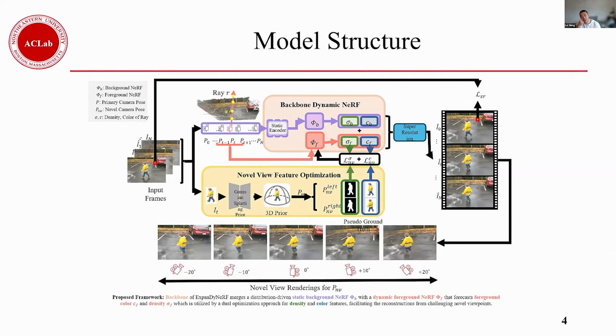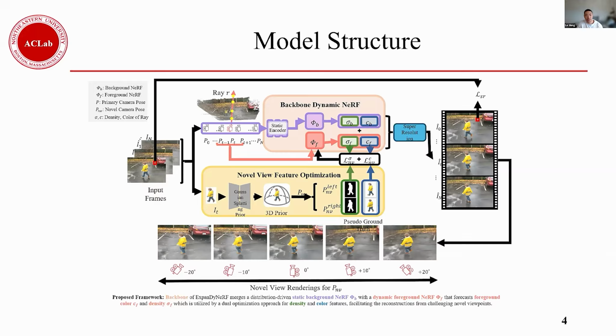Φ_F takes the time step t as an additional input, so it is the only branch that can represent time-variant content. This way we separate the foreground and the background, doing the decomposition for free without any manual segmentation mask.